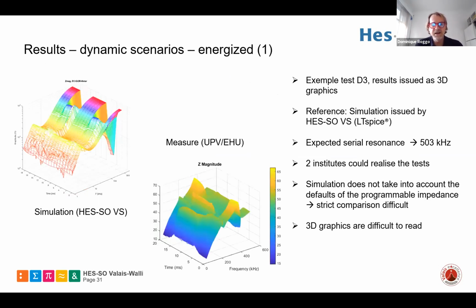The dynamic scenarios, the subcycle measurement, were compared with the measurement from, for instance, UPV EHU, which was working very well, apparently. It was compared with simulations that we have done in LT-SPICE, and all these different impedances according to the cycles are represented here in time.